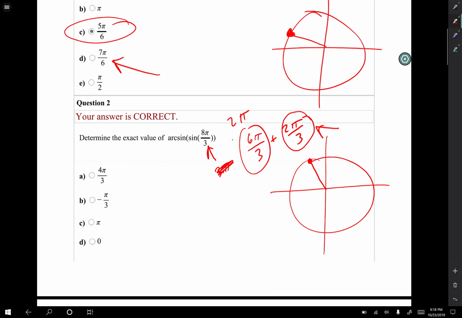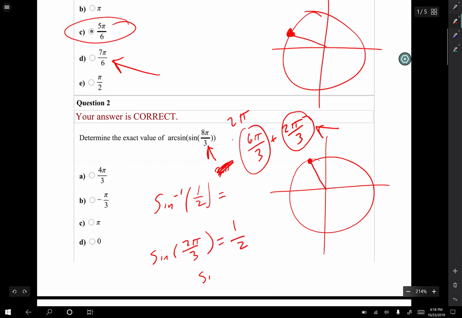So you're saying arcsine of some value. What value is that? It's going to be a half. Now I want the very first one that hits a half. Well, sine of 2 pi over 3 is a half, but that's not the first one that you hit. Sine of pi over 3 is also a half.